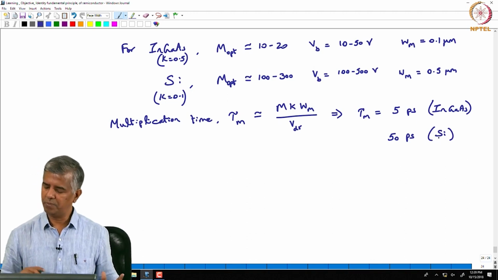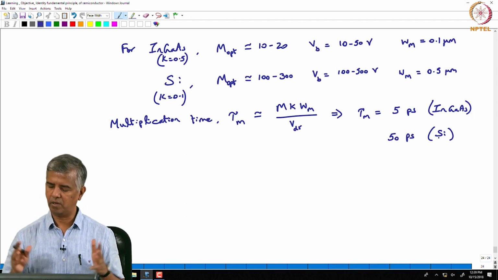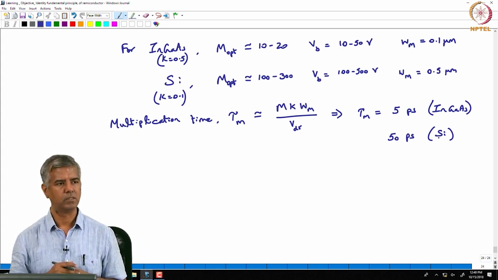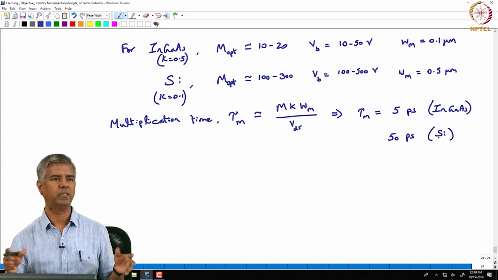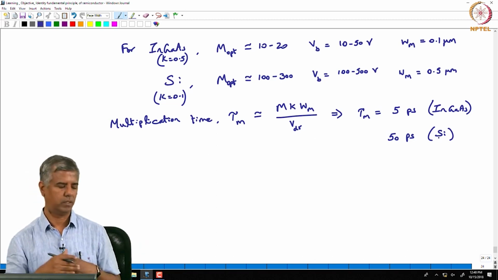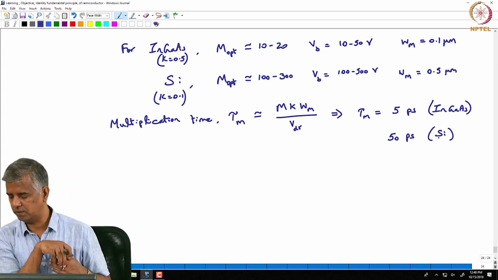That is understandable because in silicon you have many more multiplicative events, and also you have to traverse a longer distance across the multiplication region, because the impact ionization coefficient is lower.